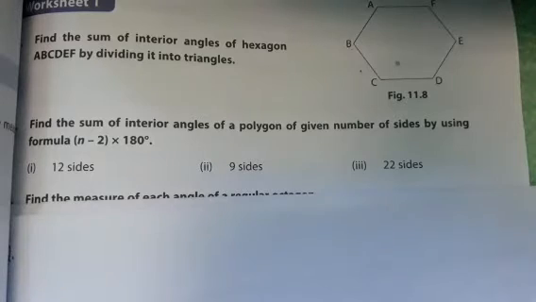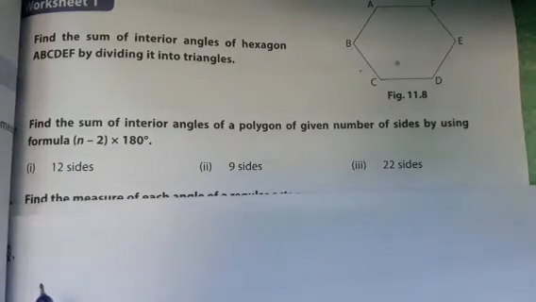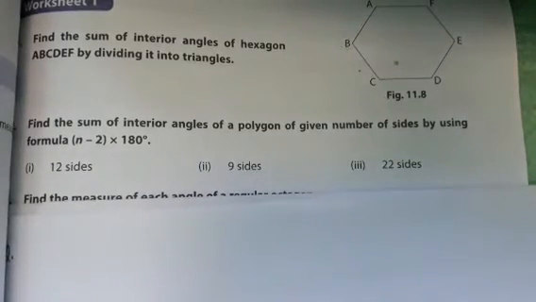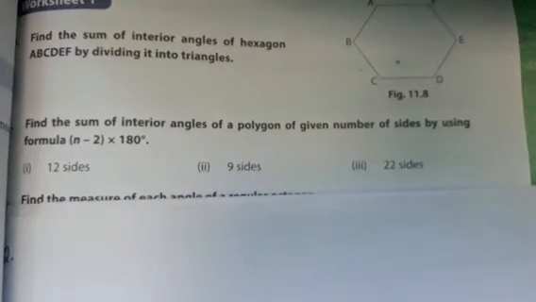N stands for number of sides. So we find only the total angle of this polygon, not a specific angle.